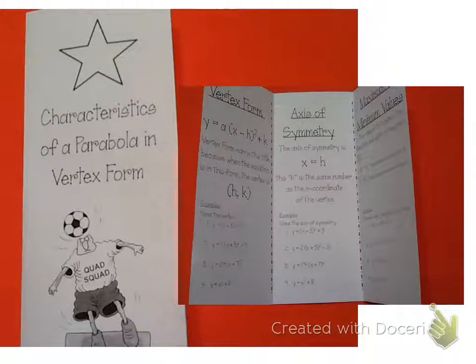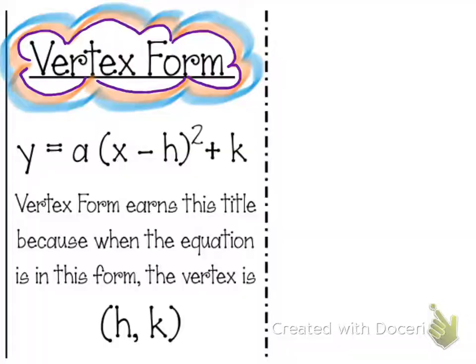This is the foldable that we received today, and we're going to talk about the vertex form, which is, again, very familiar to us. It earns its title because the equation actually has the vertex of the parabola embedded in it, and that vertex is going to be located at (h, k).